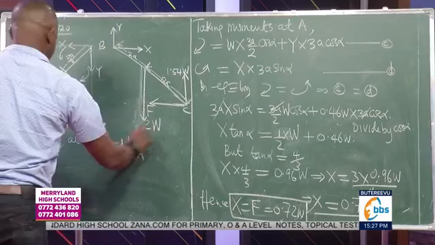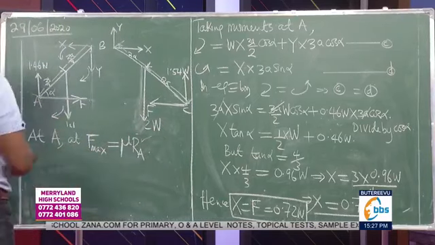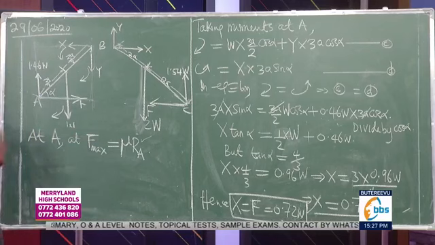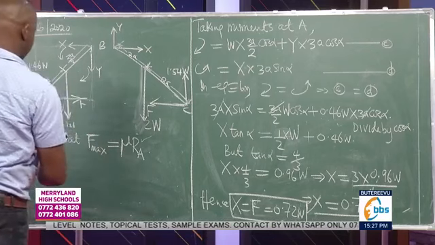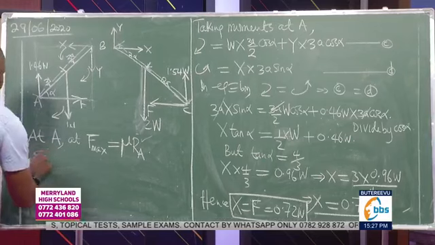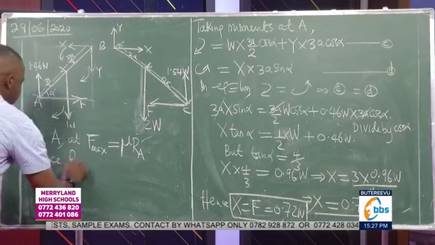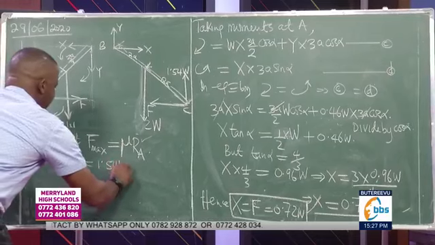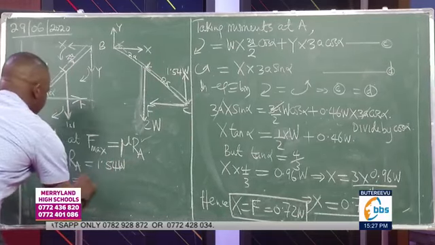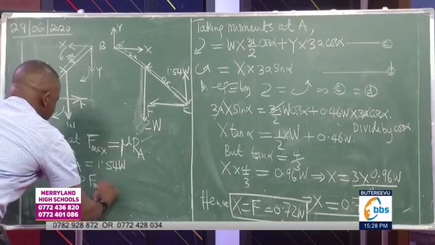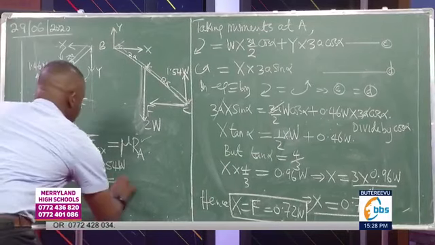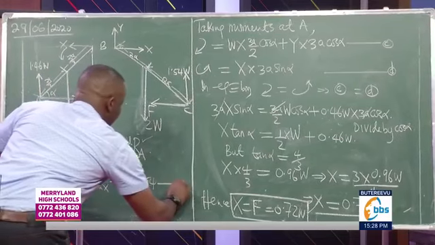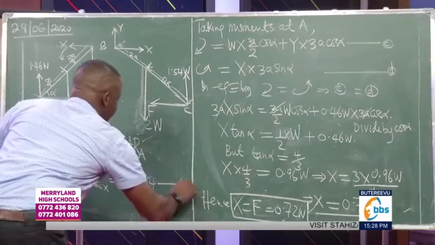Remember, we know the value of RA. We have it in the record. And we now want to get this expression. So since we have RA as 1.454 W, our F max at A is going to be equal to mu times 1.54. I can call this equation E.